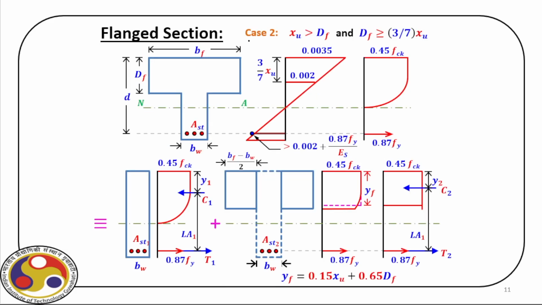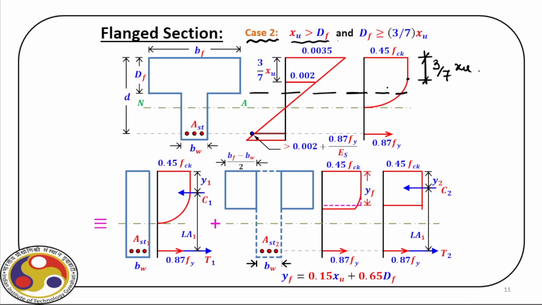That's what we'll follow. Otherwise, we can also evaluate the same using this expression. Now we have another case where XU is greater than DF and DF is greater than 3/7 XU. That means this is 3/7 XU. So we have the bottom of the flange, which is somewhere here.